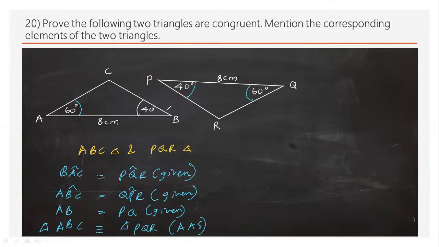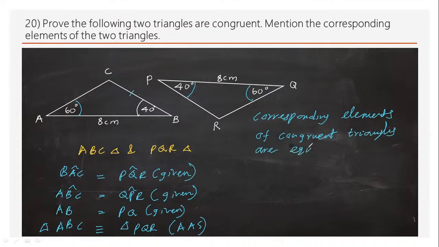60 is the corresponding side CB. Then corresponding elements of congruent triangles are equal. Then we can write 60 and here this one, CB, not BC, equals PR.